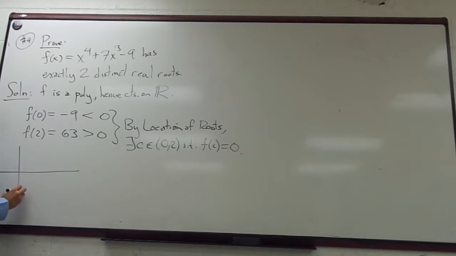F of 0 was negative 9. F of 2 was 63. Somewhere we have a root C right there.